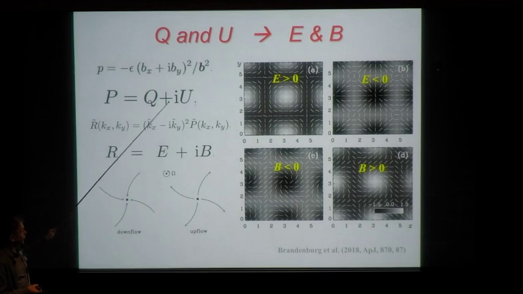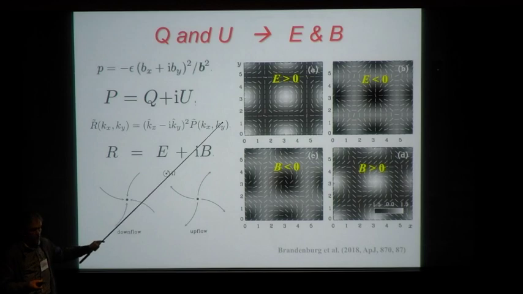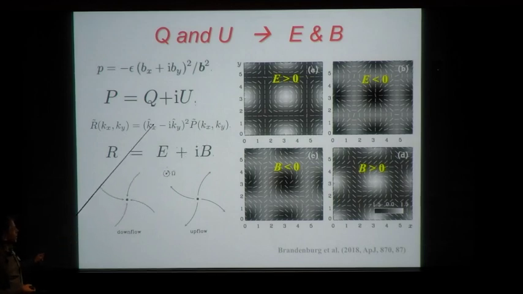The Fourier transforms then depend on kx and ky, and you multiply this Fourier transform signal by the combination of the x component of the unit vector of k minus i times the y component of the unit vector of k, and then square it.